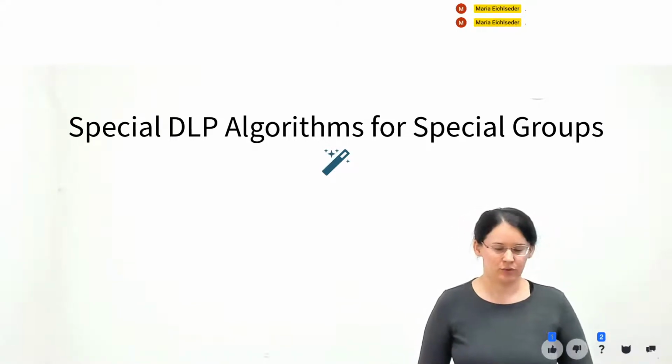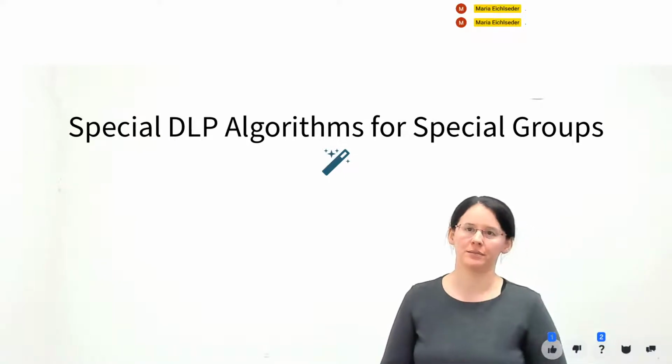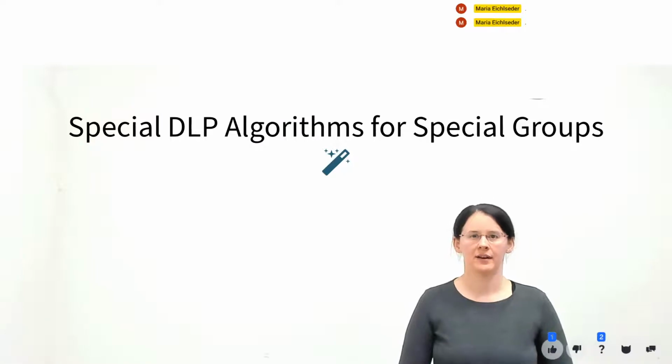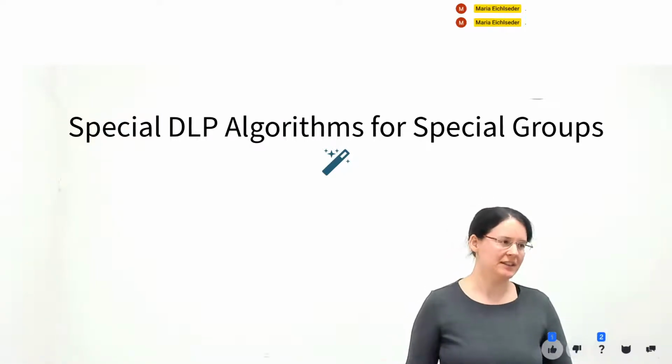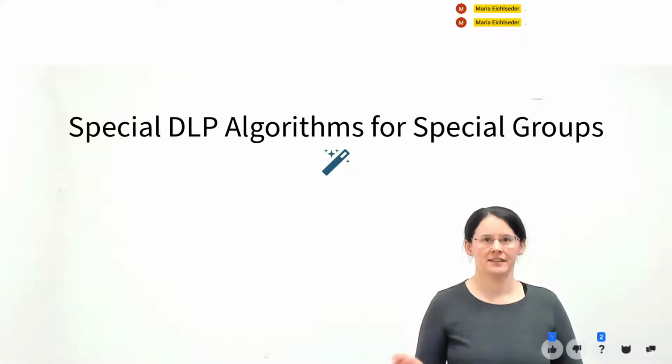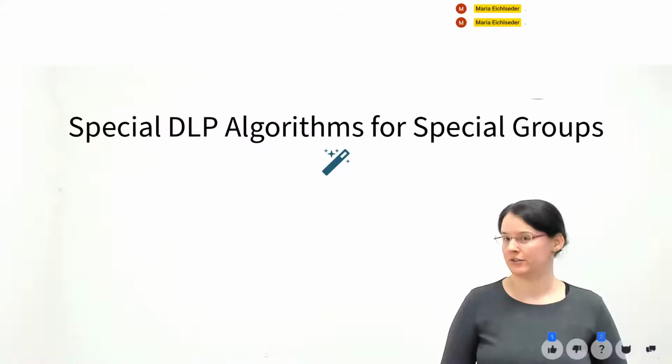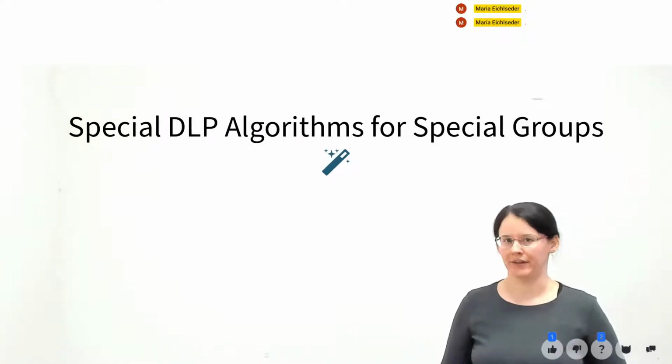And two of the most well-known algorithms are first the Pohlig-Hellman algorithm, which I'm not going to cover here because it takes a while and it's only very rarely applicable. And the second one, which we will have a look at, is the index calculus method, which is a lot more efficient. And its efficiency is actually very closely related to the efficiency we saw for factoring.